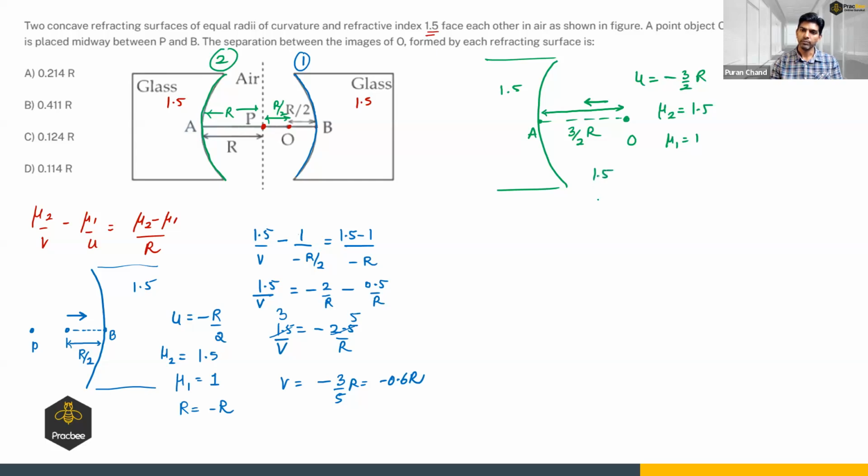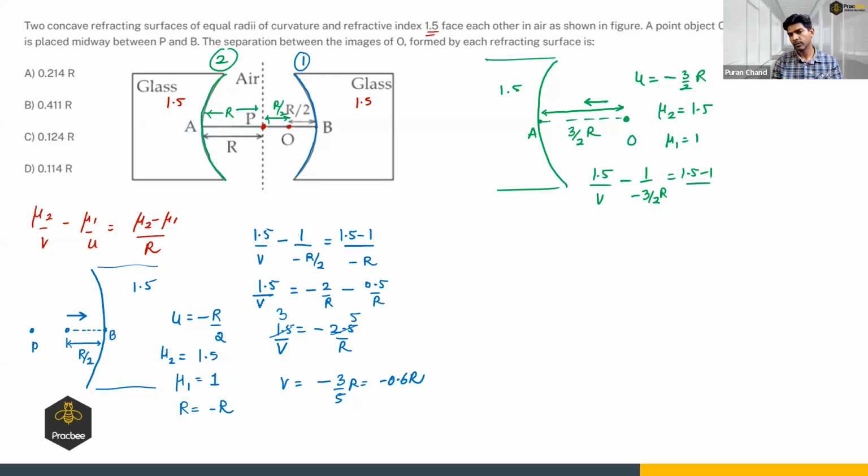So 1.5 by V minus 1 by U, which is minus 3 by 2R, is equal to 1.5 minus 1 divided by R. What is R in this case, positive or negative? R is also negative, right?